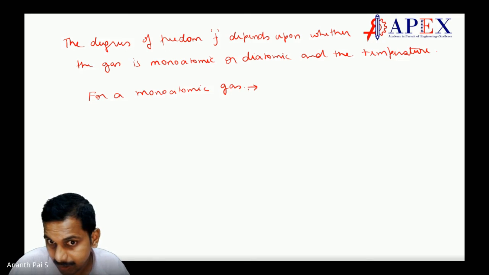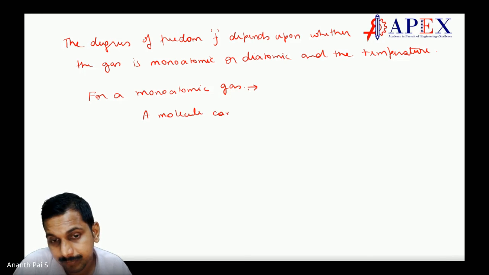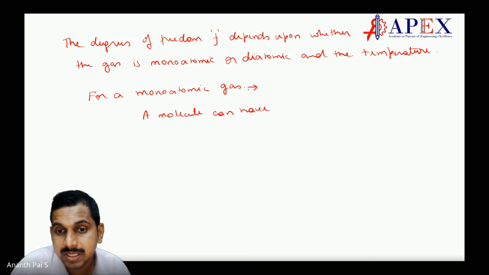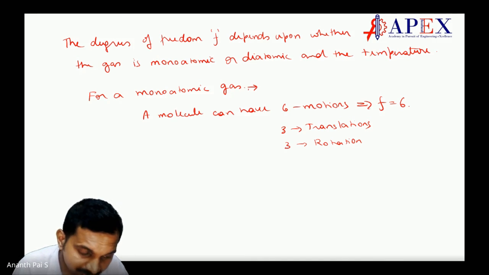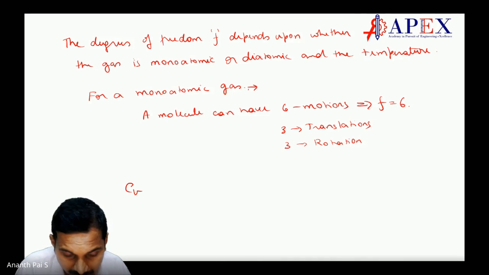So for a monoatomic gas, a molecule can have 6 motions: 3 translations and 3 rotations. So these 6 motions imply F is equal to 6. So if that is the case, then we have Cv equal to 3 by 2.